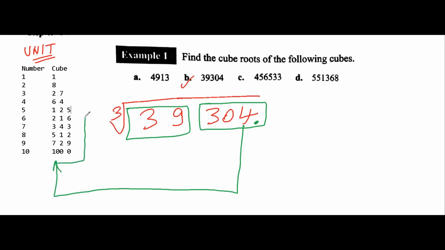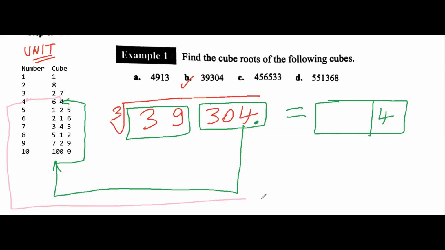It is here. Then one thing is sure: your number will have the unit place as 4. Why? Because this is 4, so this particular 4 is going to come in the unit place of the cube root of that number.